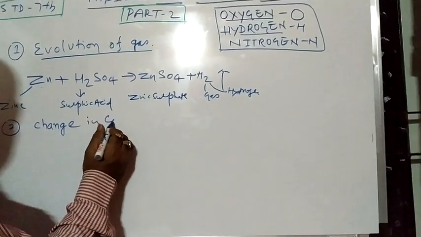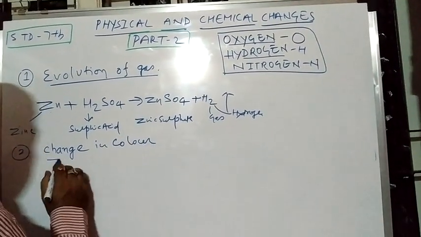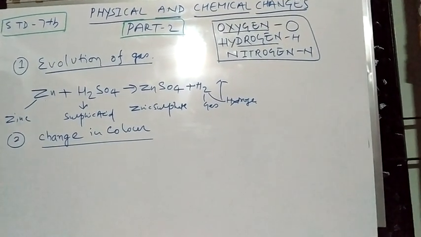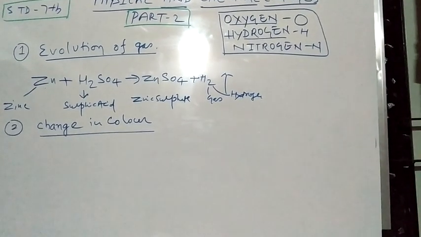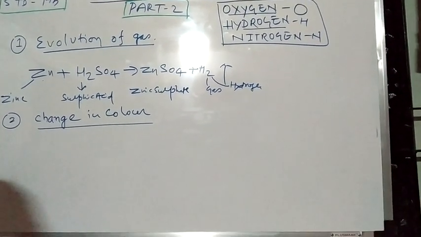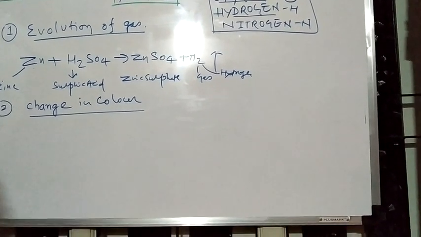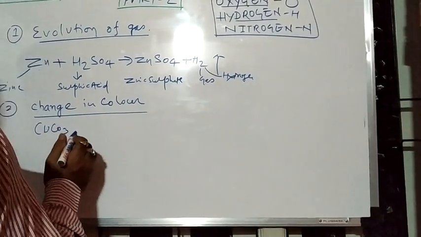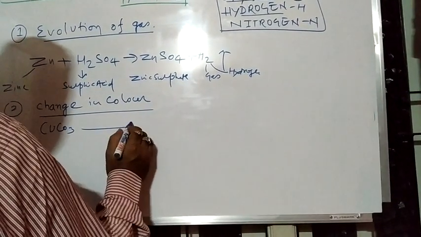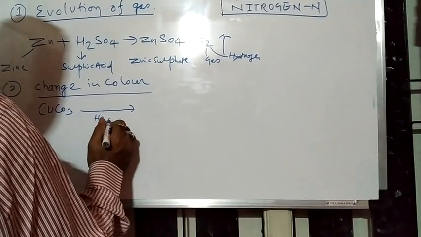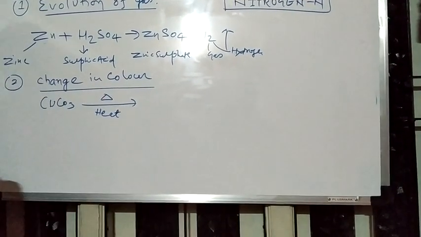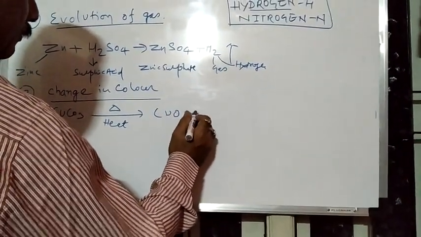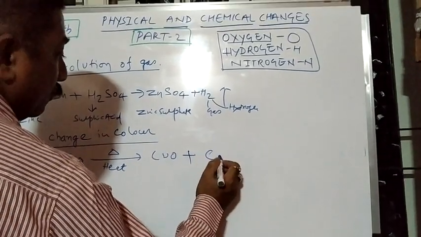There are chemical reactions where we get some change in color. Like when we have the reaction for CuCO3, when we are heating, this is the symbol for heat, then CuO plus CO2, right?